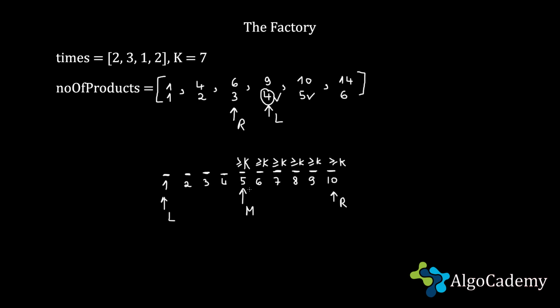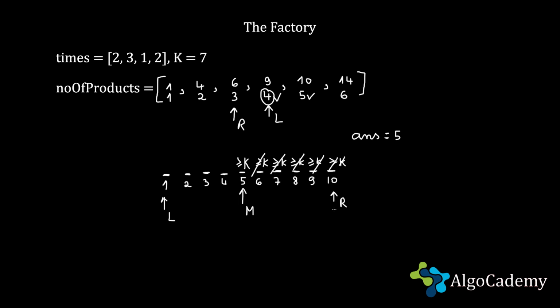So why would I remember 7 or 8 when I know the 5 is smaller and is also valid? So I mark the current answer. Let's say we have a variable answer equal to 5. And because we know those on the right are good but greater, there's no point in searching there anymore.